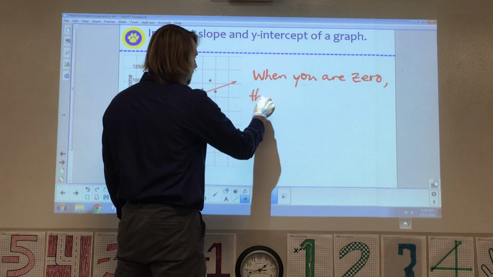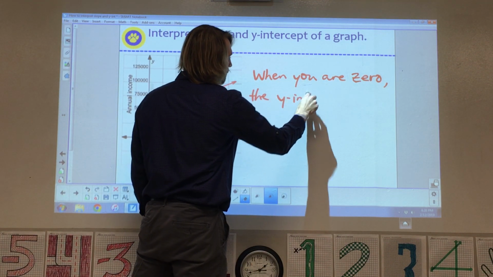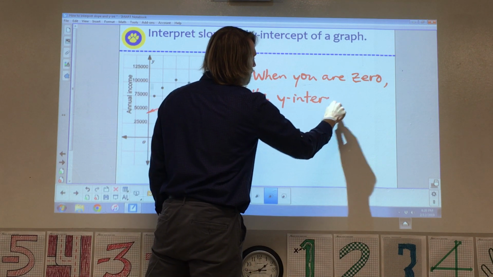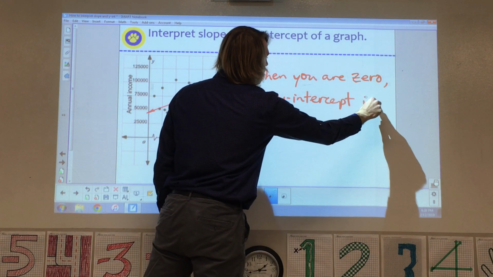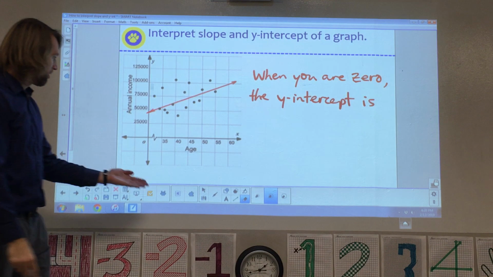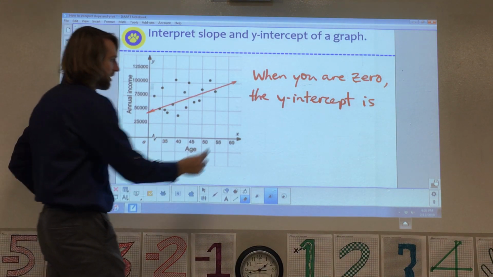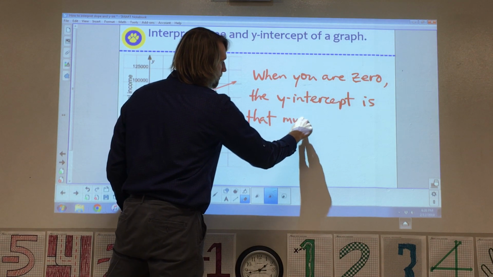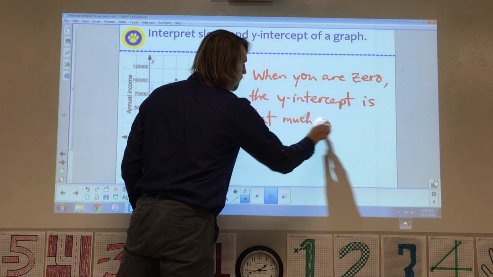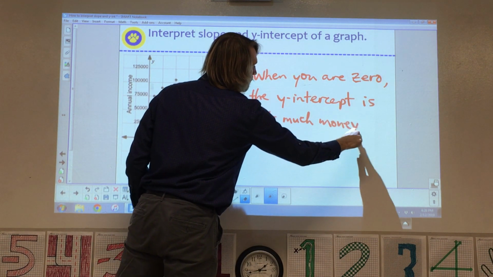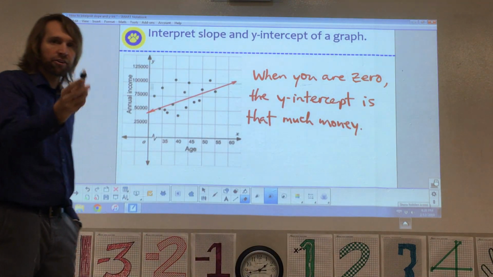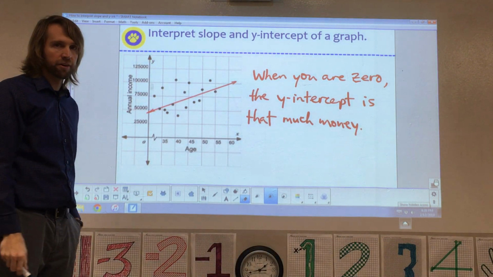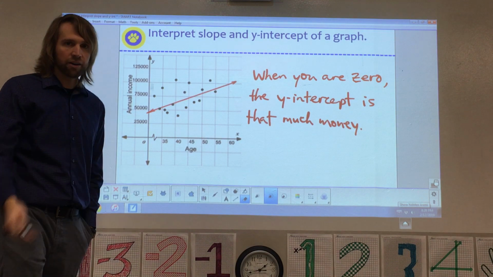The y-intercept is, so when you are 0, the y-intercept is that much money or that much income. So there you go, without actually calculating or identifying a number, that's how you interpret the y-intercept of a graph.